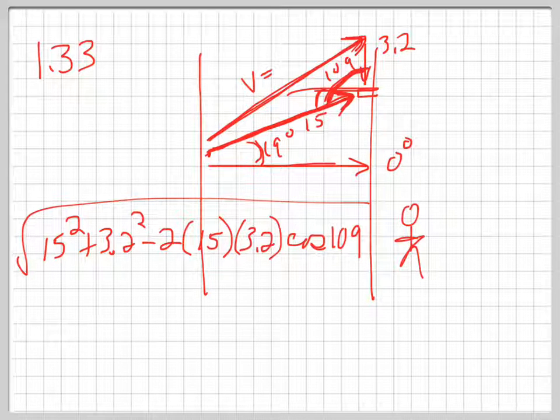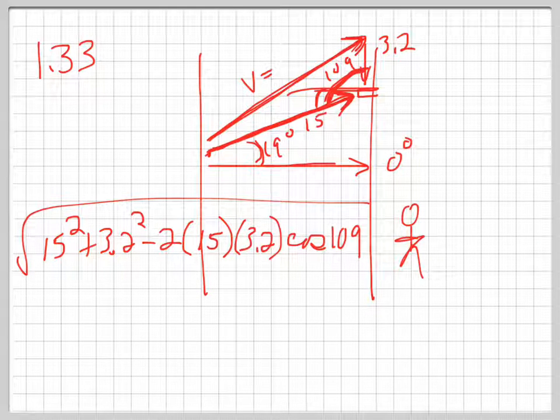I'll do that for you real quick. 15 squared plus 3.2 squared minus 2 times 15 times 3.2 times... oh, rats, wrong angle. 15 squared plus 3.2 squared minus 2 times 15 times 3.2 times cosine of 109, then the square root.